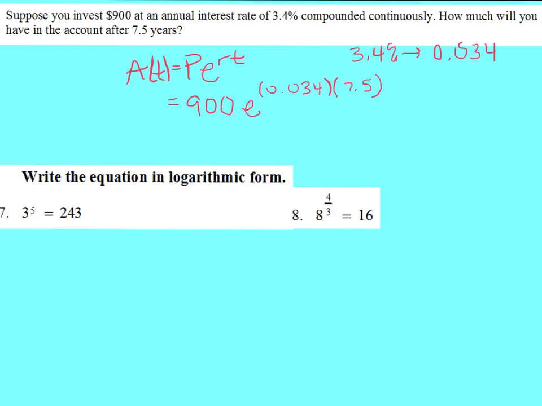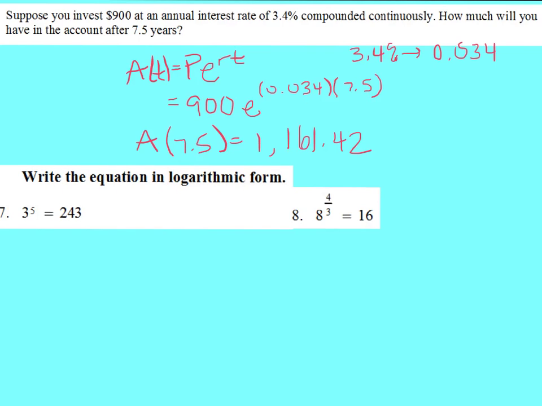So I'm going to type this entire thing into my calculator. When I do that, it'll tell me that after 7.5 years, my total amount is $1,161.42.